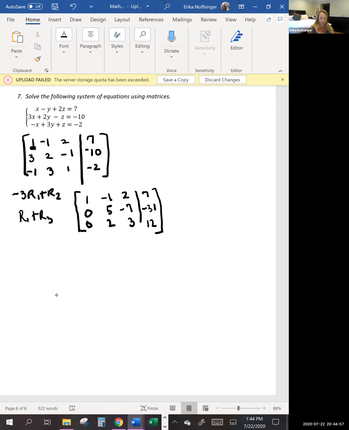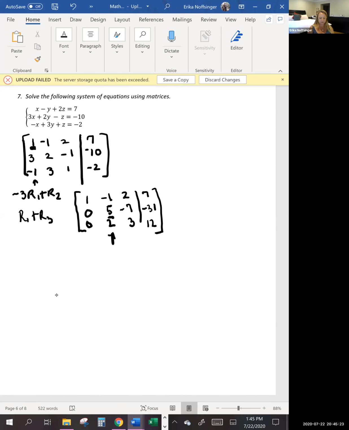Now we're moving to our second column to work with. We want a 1 here in the second row, second column. Unfortunately, if we divide through by 5, we have fractions, which gives me more room for error. I also see if I multiply this third row by a half, I still would have fractions. So I'm trying to manipulate this somehow so that I get a 1 here.